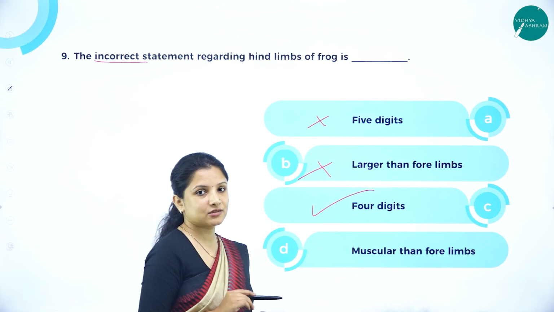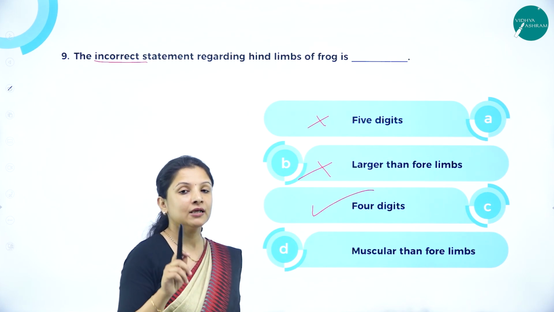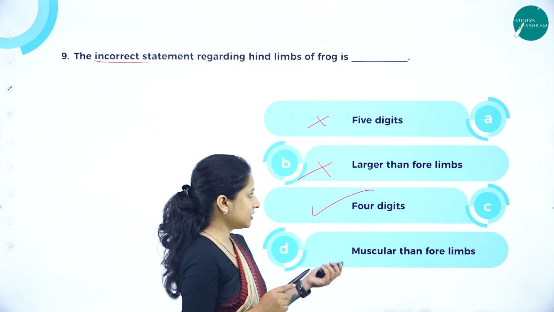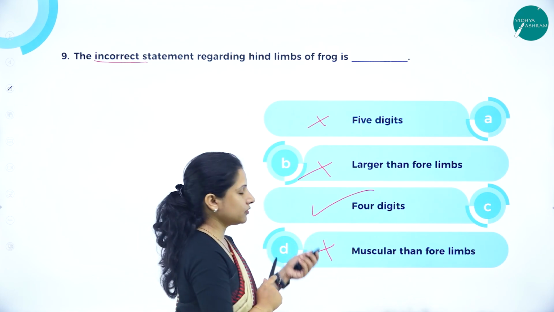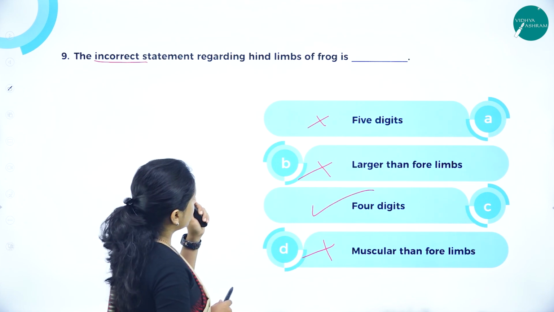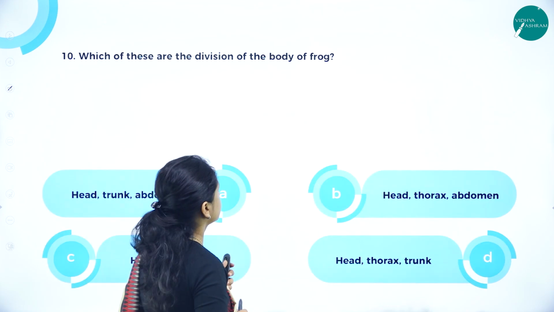Option C is the right answer because the hind limbs do not have 4 digits; they have an extra digit, that is, they have 5 digits. Muscular than forelimbs: this is also a characteristic, so this option is not right. So the incorrect statement regarding hind limbs of frog is having 4 digits.